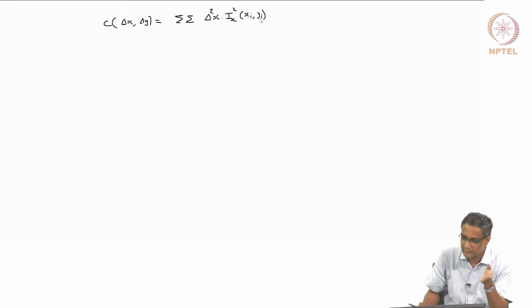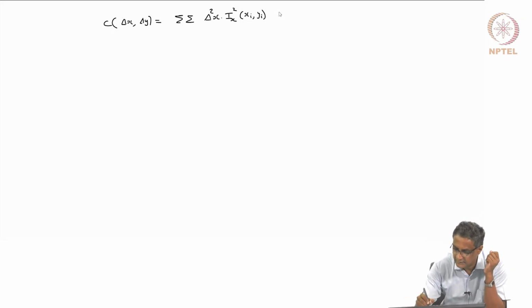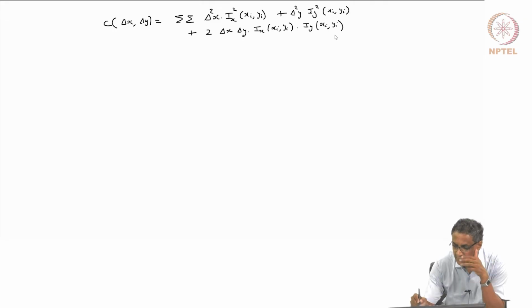I will also talk about that, but we are assuming that there is some way to compute the gradient along x and gradient along y, plus delta square y Iy square of xi, yi, plus 2 delta x, delta y, Ix of xi, yi into Iy of xi, yi, and that you will get.